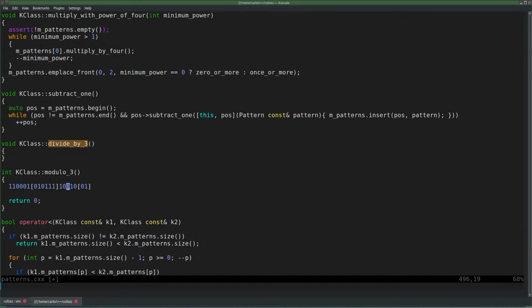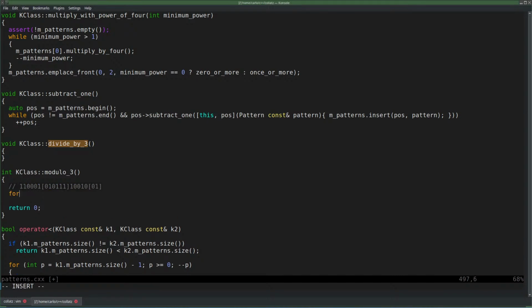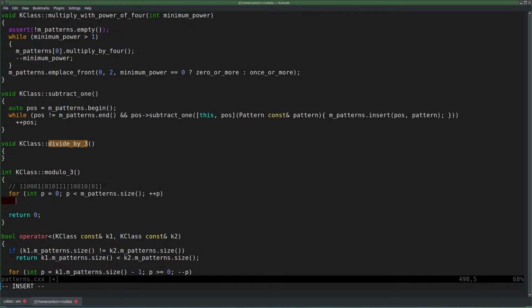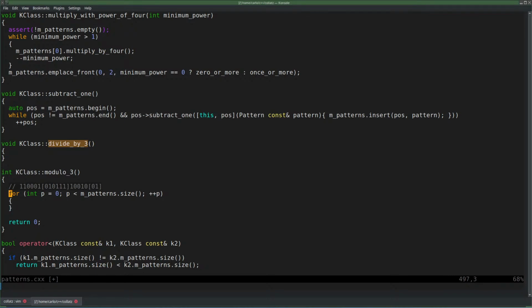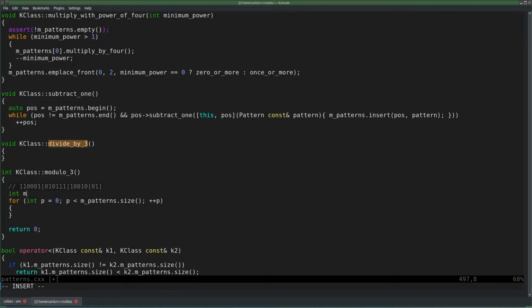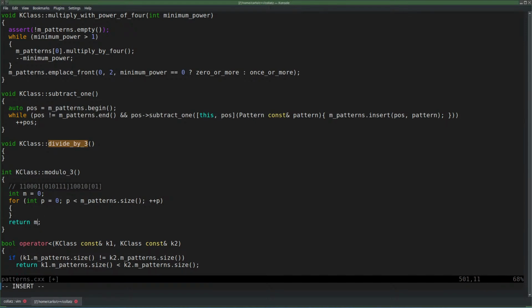So the modulo of the total thing is going to be, I should run from 0 to, so I'm just running from pattern 0. Pattern is less than pattern size plus p. And I have an int m, start at 0, return m, that's the modulo. Let's call it mod 3.